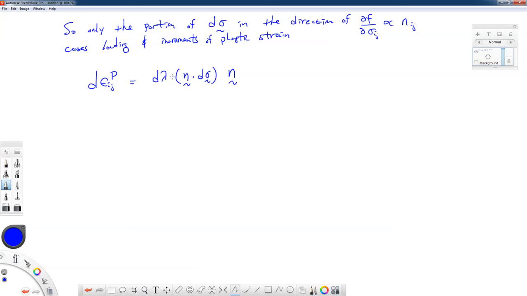This would be a scalar d lambda. Okay, so this will be our expression that we're going to use for the normality flow rule. D epsilon ij p is equal to the d lambda n dot d sigma times n. Okay, so scalar quantity, portion that causes loading, and then normal to the yield surface direction.